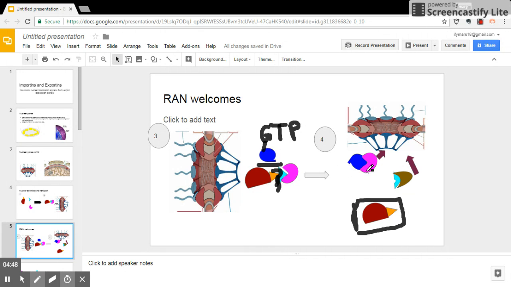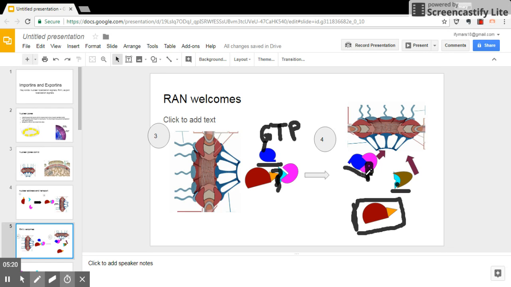Meanwhile, the beta subunit and the alpha subunit are going to be busy with some other friends. RAN GTP is going to bind to the beta subunit, while a protein called exportin is going to bind to the alpha subunit, as you can see here.